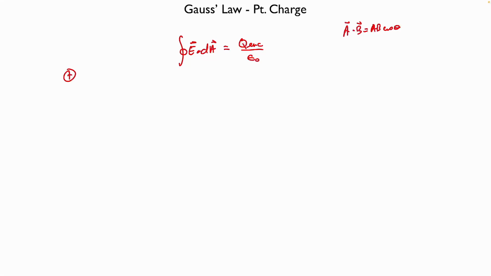What angle can we put in there to make this simple? 0. Cosine of 0 is 1, right? And then we just have to multiply the magnitudes together. So that's kind of what we want to do. To avoid doing the integral on the left-hand side, we're going to be clever about the direction the electric field is pointing, we think, and the area vector that we have.